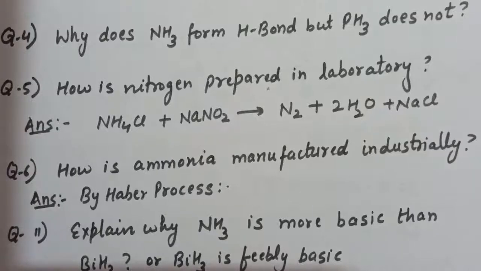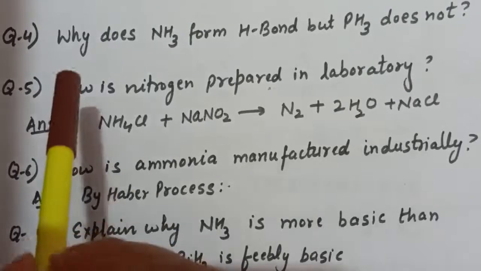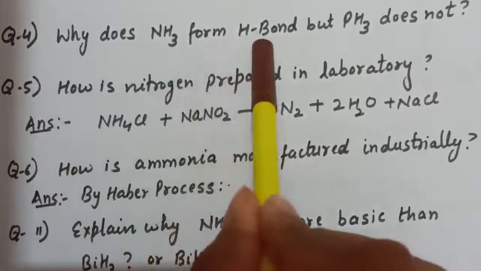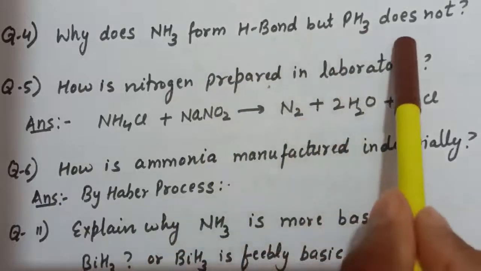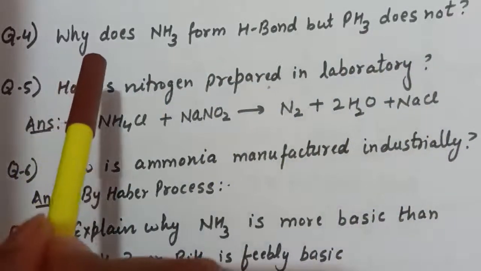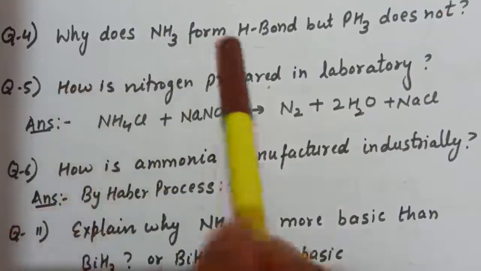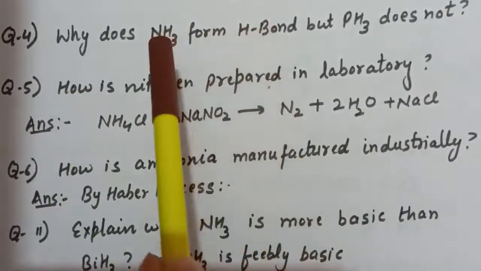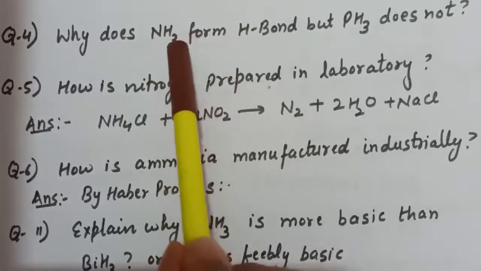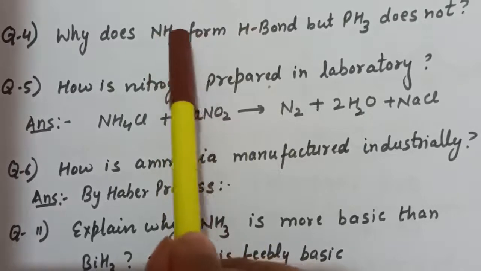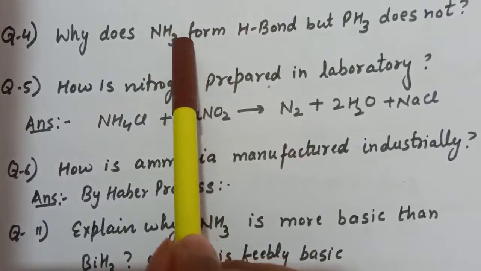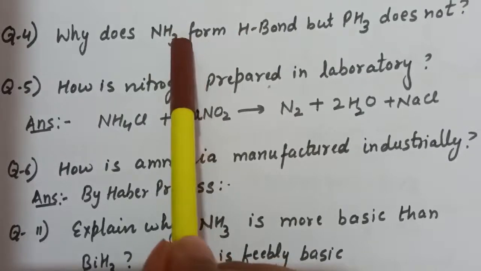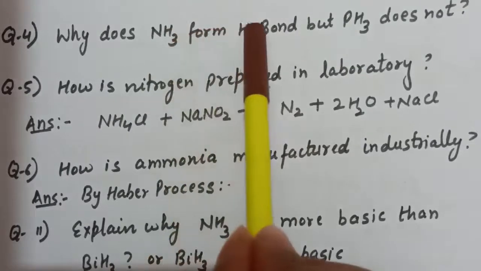Now I will be discussing the homework that I gave you in lecture number 2. The first question is, why does NH3 form hydrogen bonds but PH3 does not? The answer is that for the formation of a hydrogen bond, two conditions are required. First, hydrogen combines with a small-sized element, and the element must be highly electronegative, either nitrogen, oxygen or fluorine.